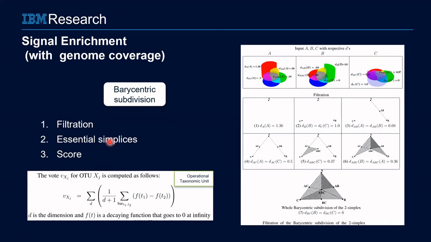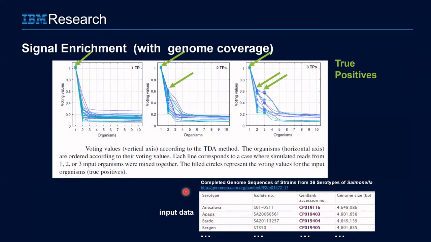So we define a notion of essential simplices, which enables us to do a unique way of associating the input to the bars. And then using this result of the filtration and this notion of essential simplices, we are able to score the OTUs or the organisms that we have. And when we run them on simulated data, we find that the true positives do bubble up to the top as we wanted them to.